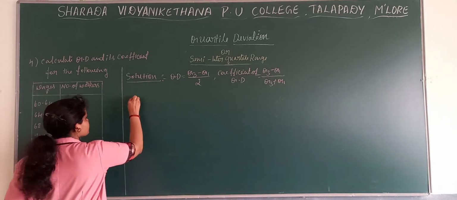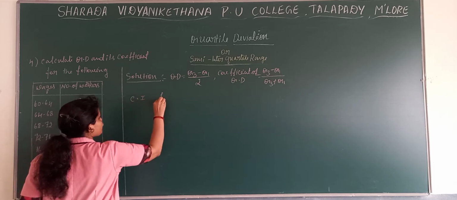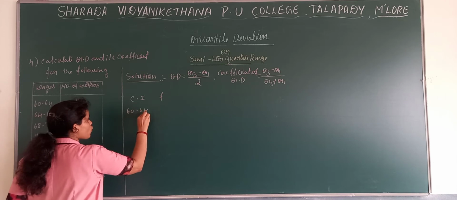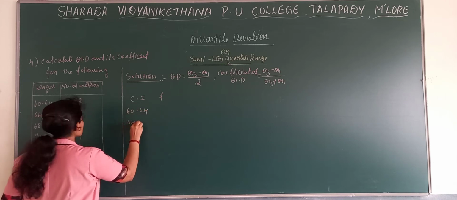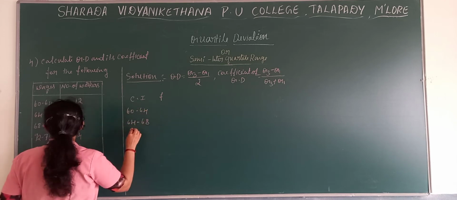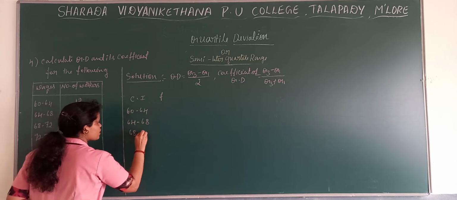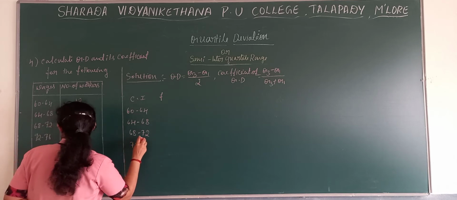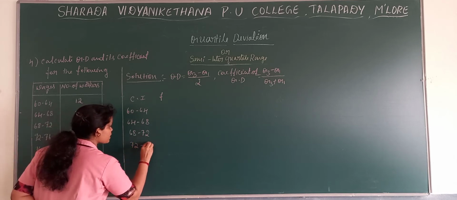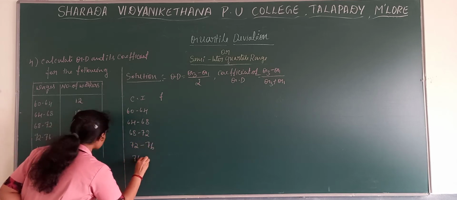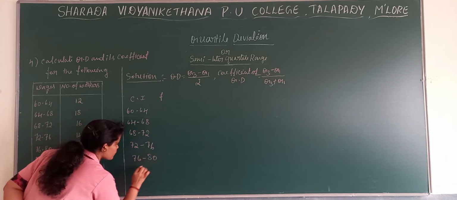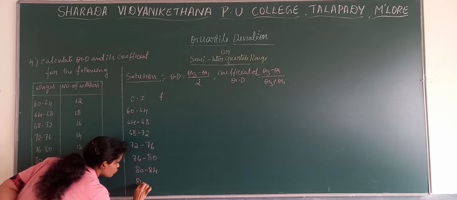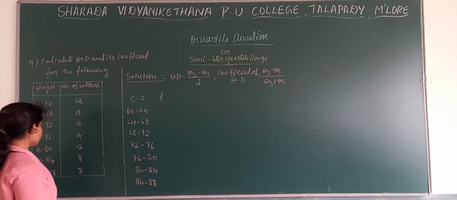Class intervals and frequencies. The class intervals are 60 to 64, 64 to 68, 68 to 72, 72 to 76, 76 to 80, 80 to 84, and the last one 84 to 88.